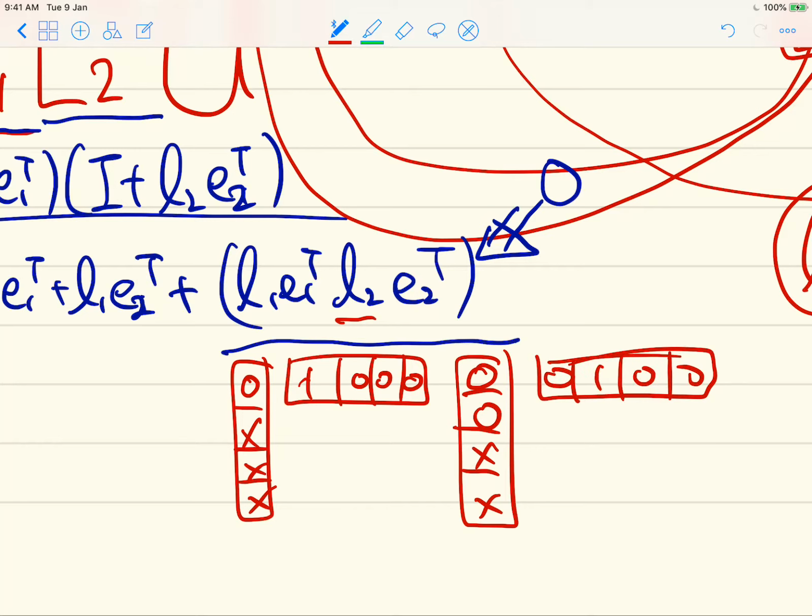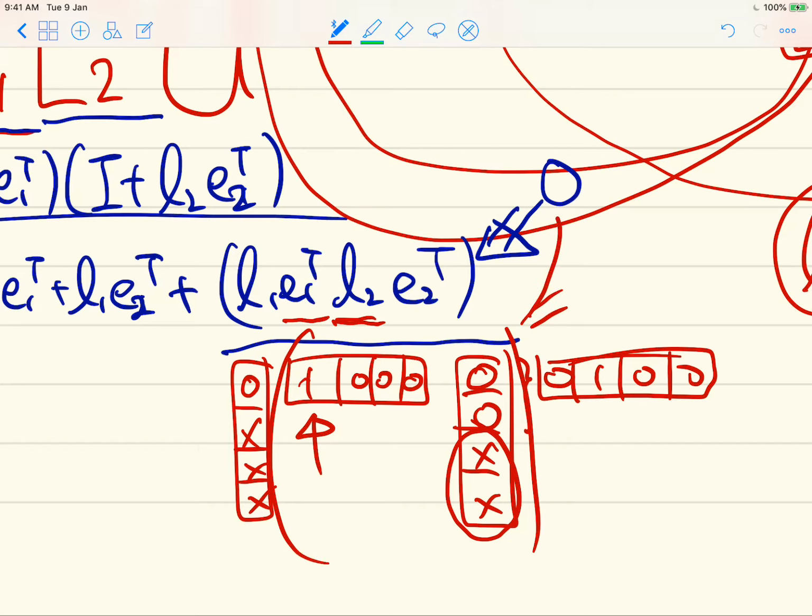And so E1 will have the non-zero in the first element, but L2 will have just the two zero elements in the first two positions, and then start with the non-zero after that, right? And so when considering the inner product between these two, it will produce just a 0 matrix.